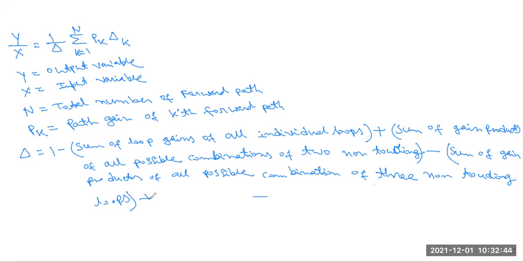Okay, and so on, dot dot dot. So these are basically the formula of delta. So delta k, we have to denote the value of delta. That means this one.